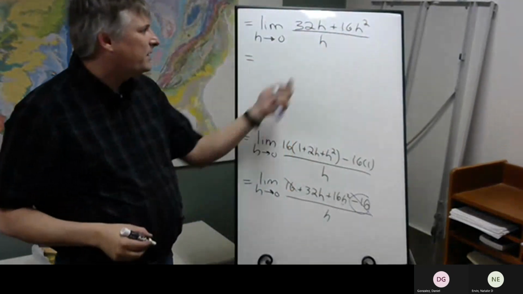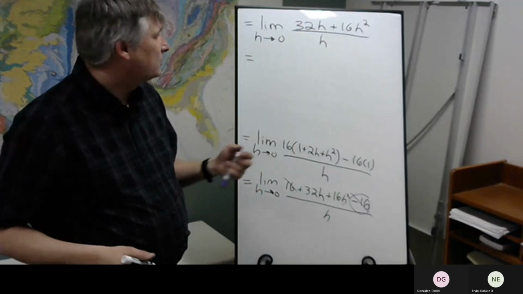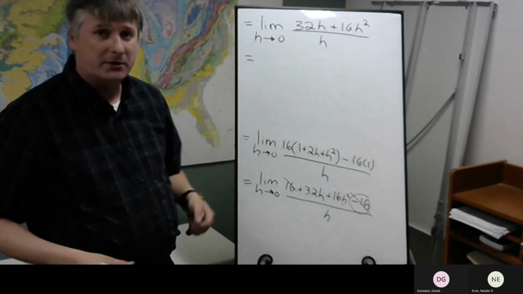So hopefully we can get this to cancel out, and it's going to. We can factor out an h in the numerator.